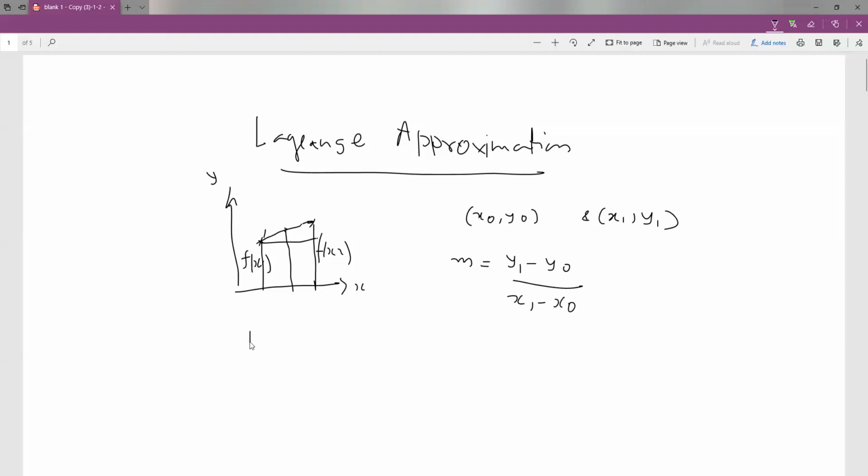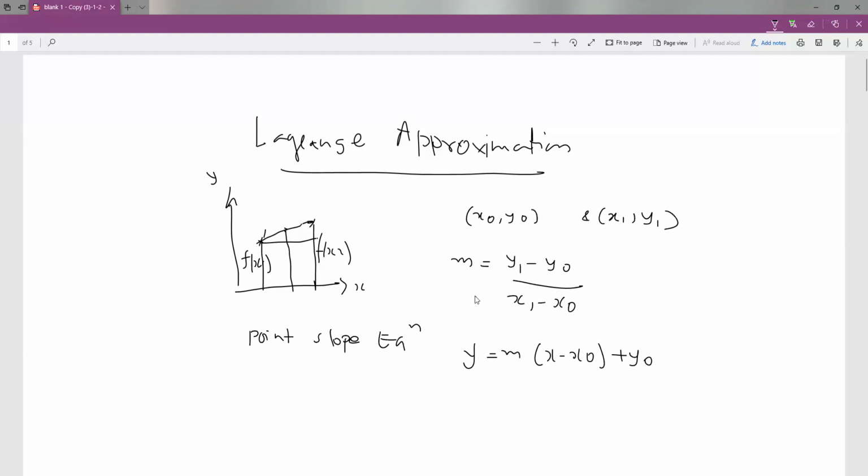And from the point slope equation, we can determine the function's intermediate value. This is your point slope equation, and this can be rearranged.